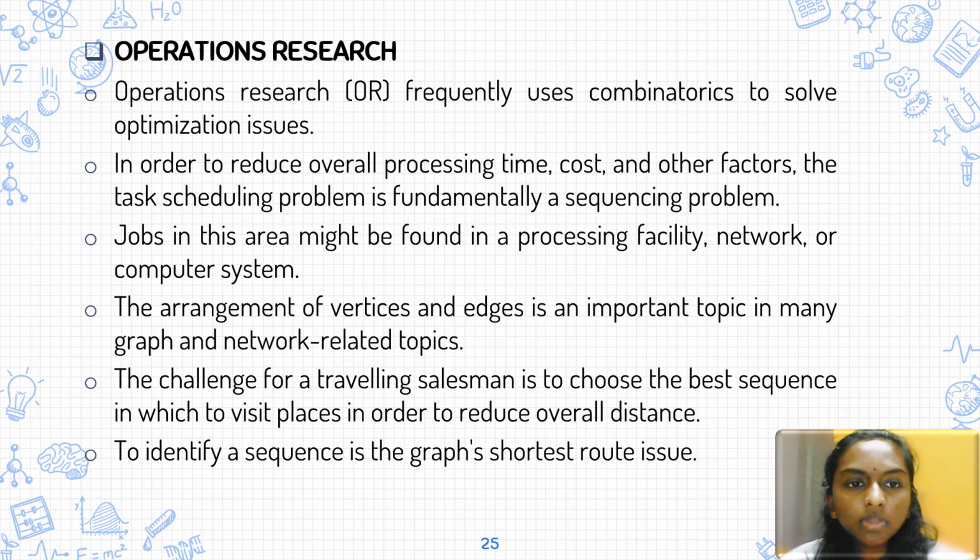The arrangement of vertices and edges is an important topic in many graph and network-related topics. The challenge for a traveling salesman is to choose the best sequence in which to visit places in order to reduce overall distance. To identify a sequence is the graph's shortest route issue.